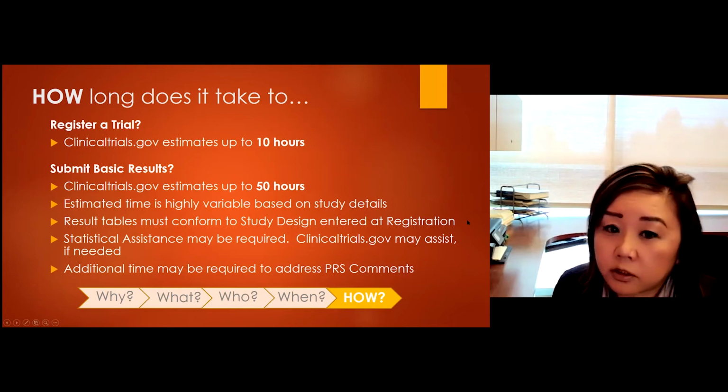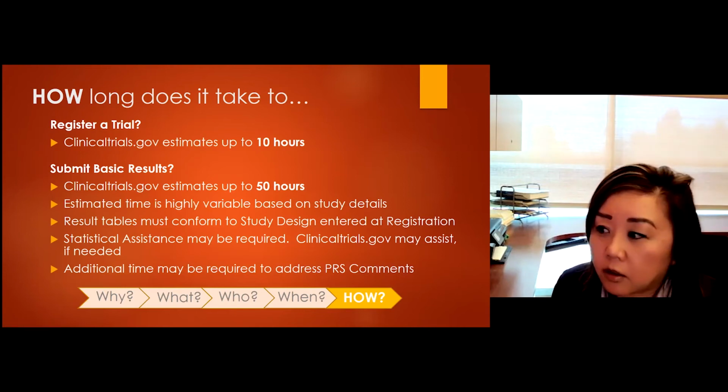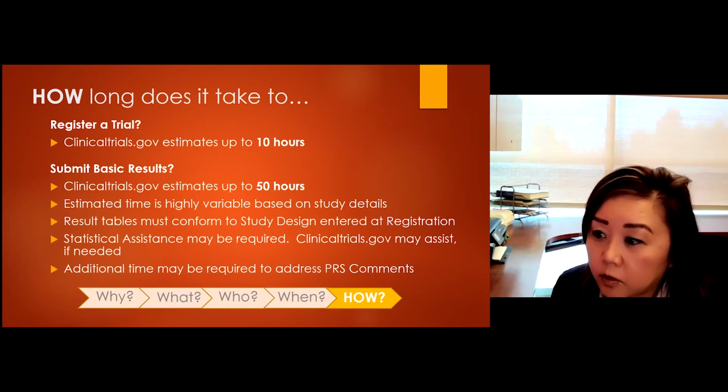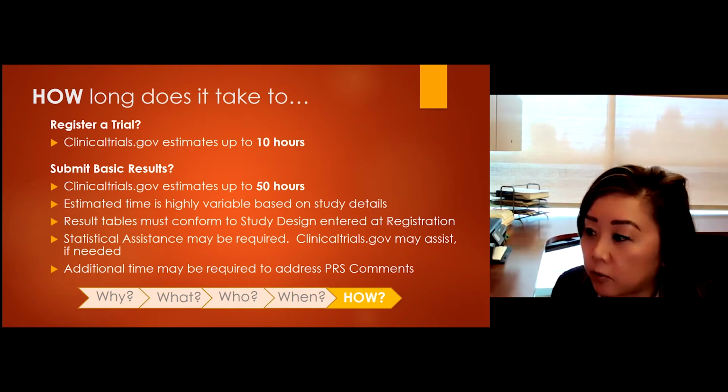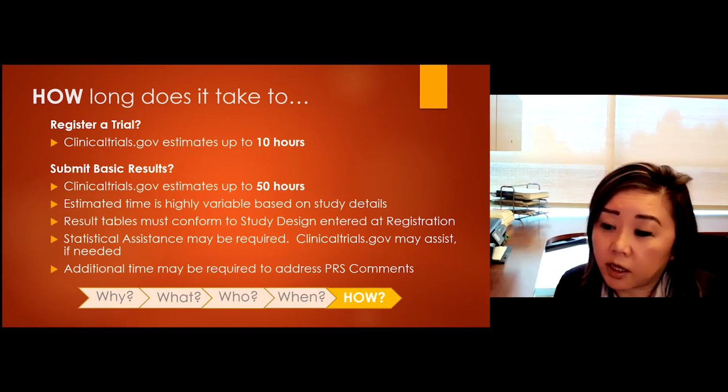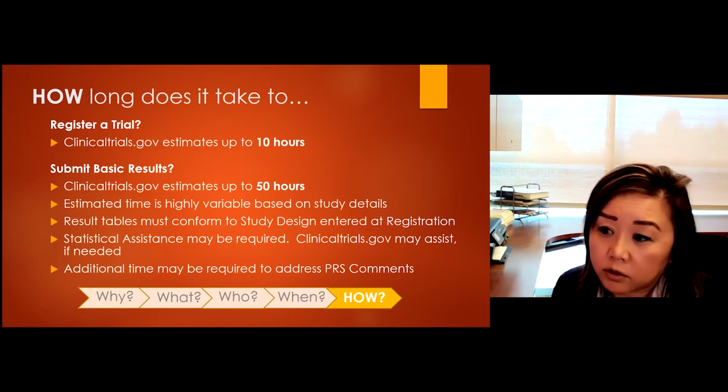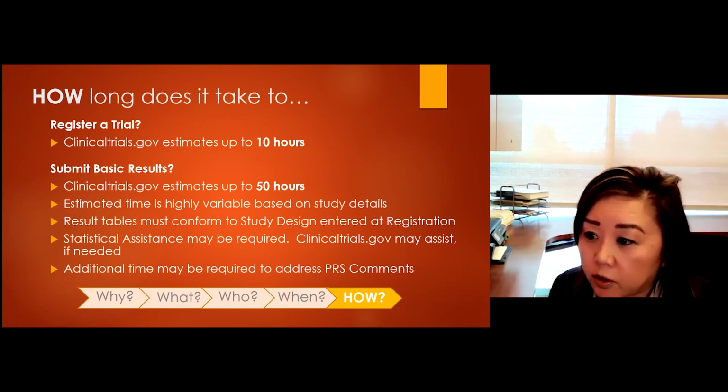And it really depends on how detailed your study is set up. The results table must conform to study design entered at registration. So it depends on how you set up the study at registration; that is how you're going to report the results, the way that it was set up during your registration period.